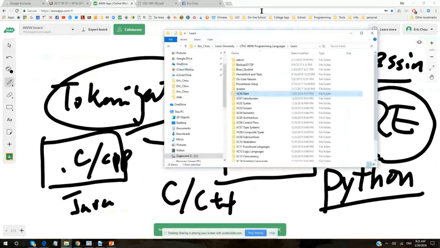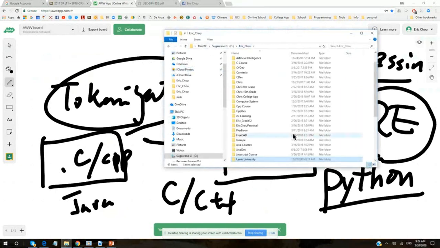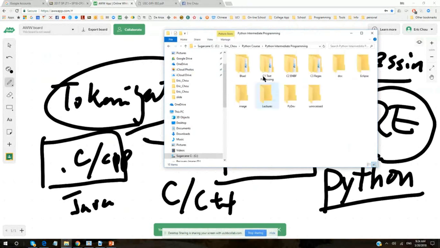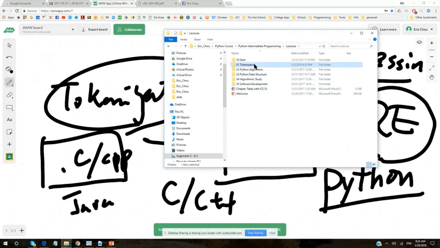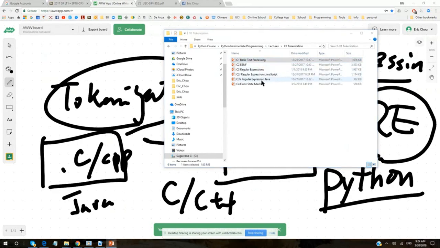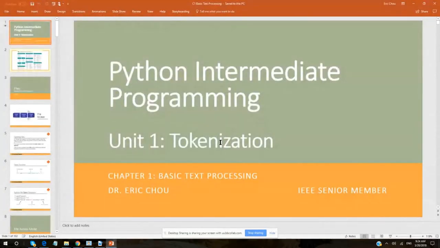And I will show you the slides over here, just briefly. And here I have different sessions.